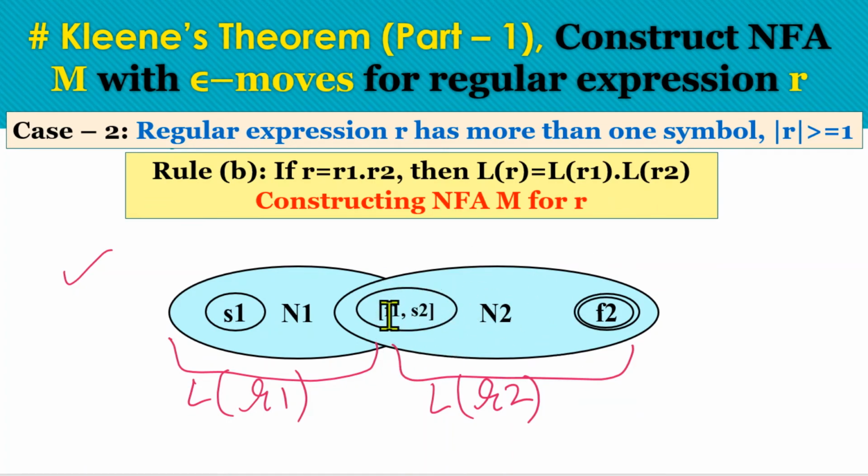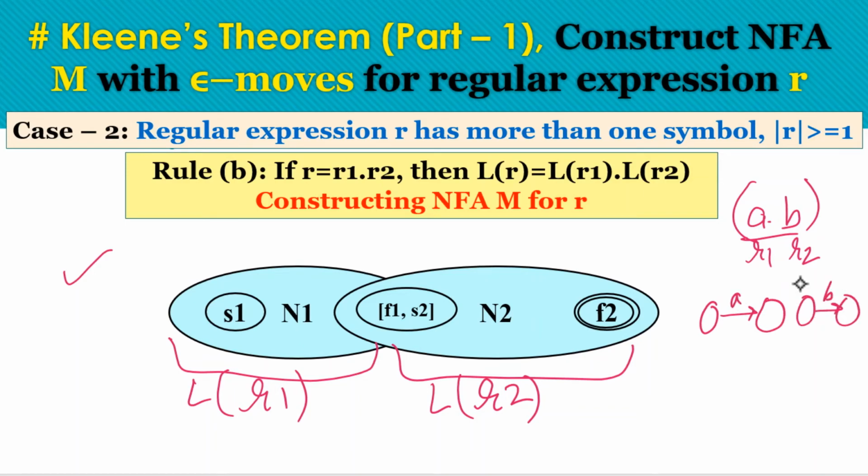So we have just merged the initial state of the second machine with the final state of the first machine. If we have an expression like A and B, where R1 is A and R2 is B, we cannot have A and then another separate machine for B. So this is our N1 and this is our N2, and we cannot have this type of relation, so we have just merged these two states to form a single state.